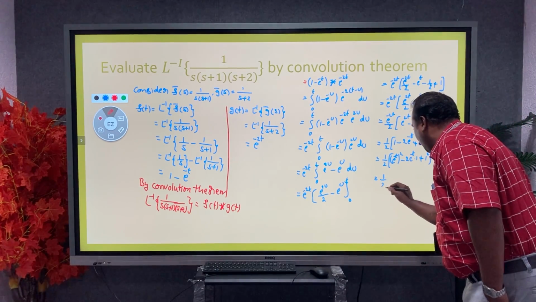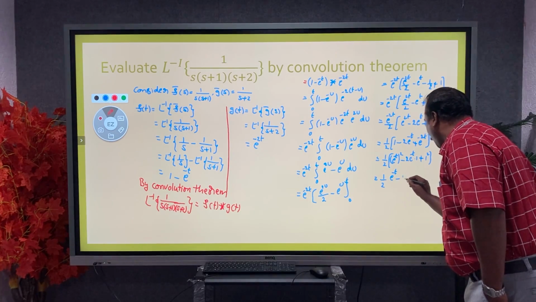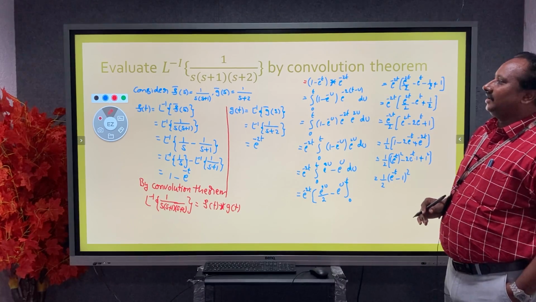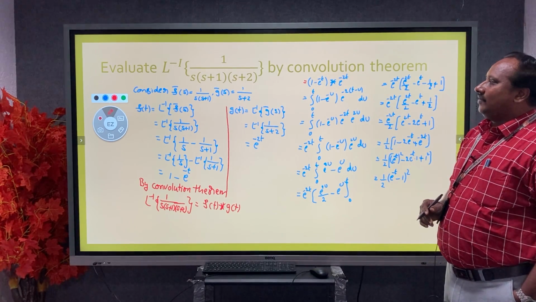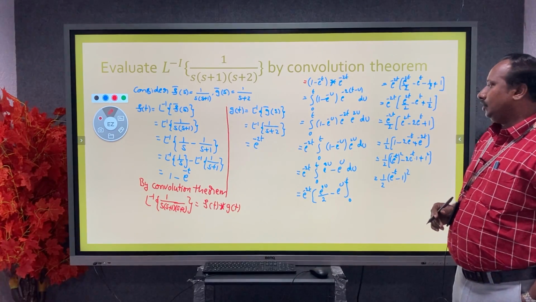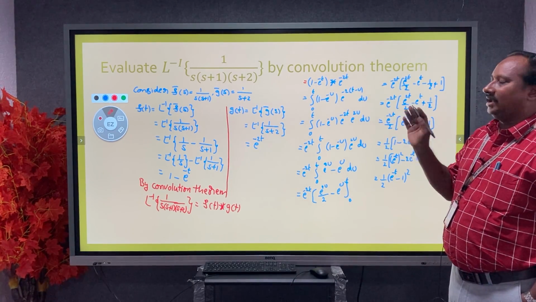So 1 by 2 into e power minus t minus 1 whole square. So finally we got the answer for L inverse of 1 by s into s plus 1 into s plus 2 equal to 1 by 2 into e power minus t minus 1 whole square by the convolution theorem.